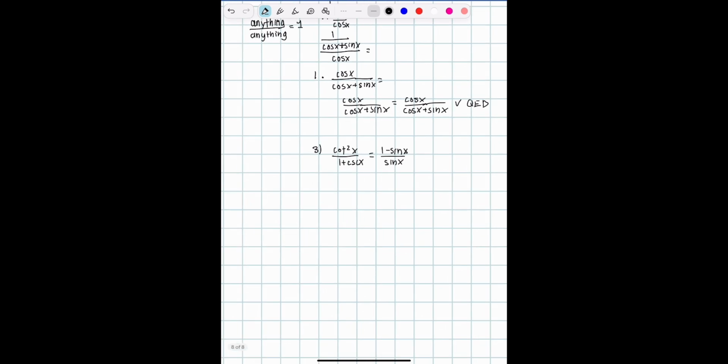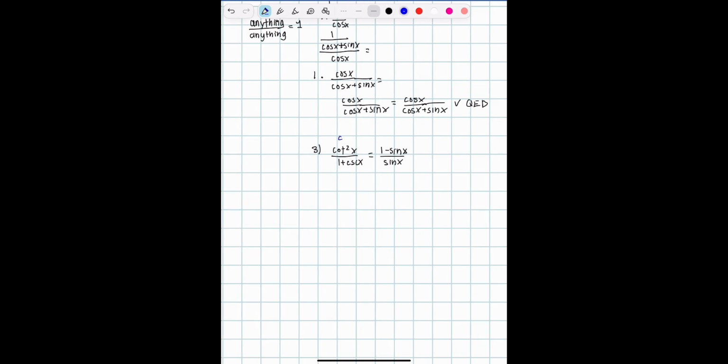So what we're gonna do is start with the left side, and rewrite cotangent as cosine of x over sine of x and square that. We're going to divide that by 1 plus 1 over sine of x, which is the same thing as cosecant x.